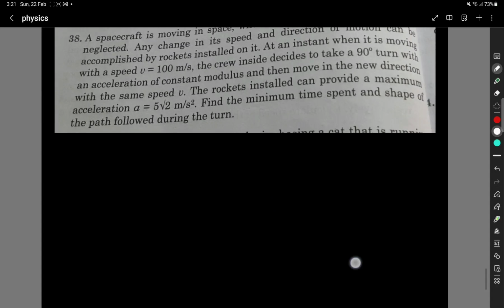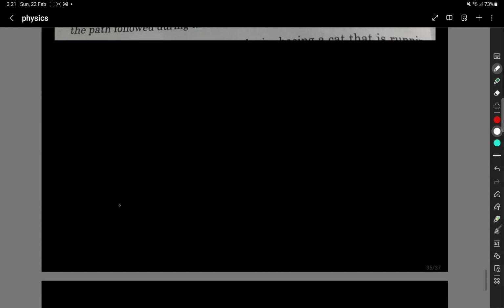So let's start. Let this be the path taken. This is V initial and this be V final. Fair enough.